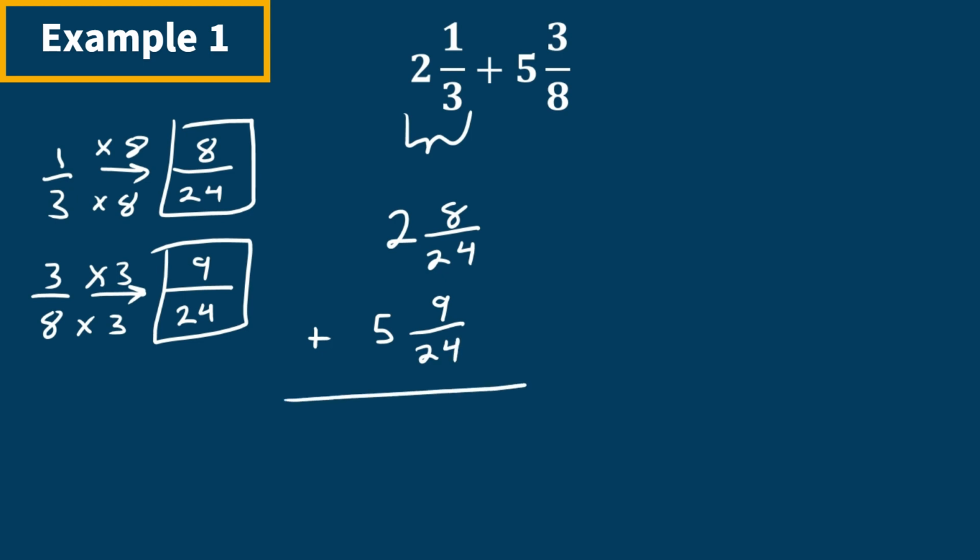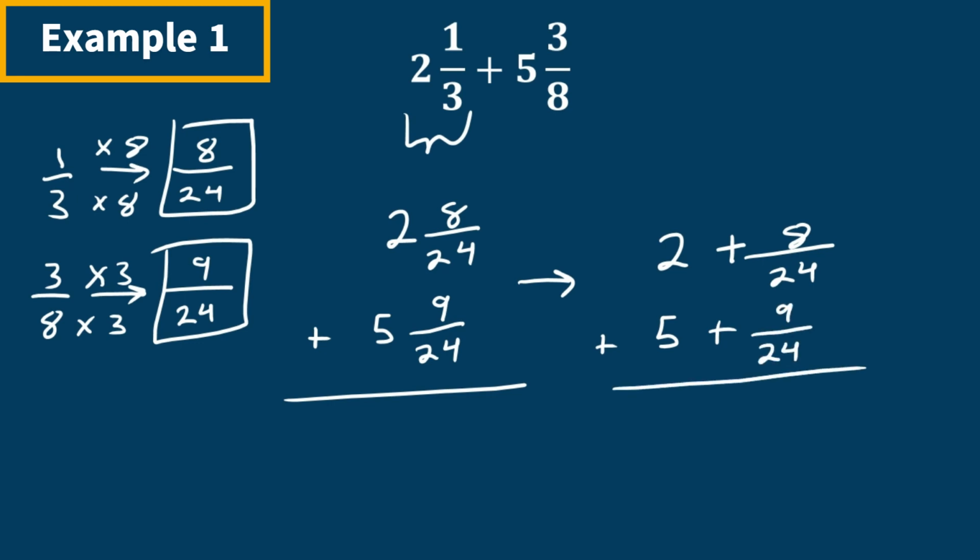Like that. And now I just want to reiterate that overview that I gave you a little bit before, where these mixed numbers, we can write them as 2 plus 8 over 24 plus 5 plus 9 over 24. Basically, we can split up the whole number and the fraction.